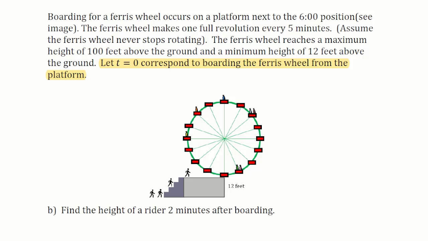All right, now that we have found the modeling function for this Ferris wheel, as concluded on the board earlier, we can apply that to find the height for any rider 2 minutes after boarding.